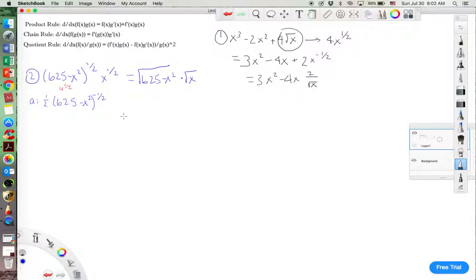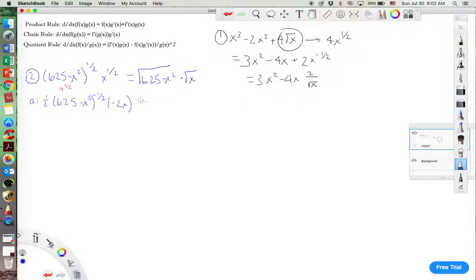Okay, so there's our first part, and then we also want to find the derivative of the inside function, right? So what is u? u is 625 minus x squared. All of our constants will turn to 0 when we find the first derivative, so we're left with negative 2x there. So all of this is times negative 2x.